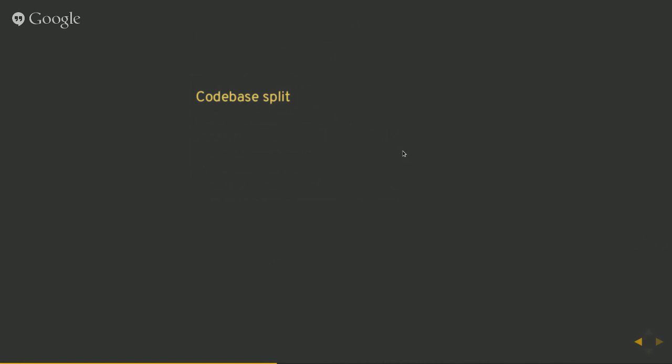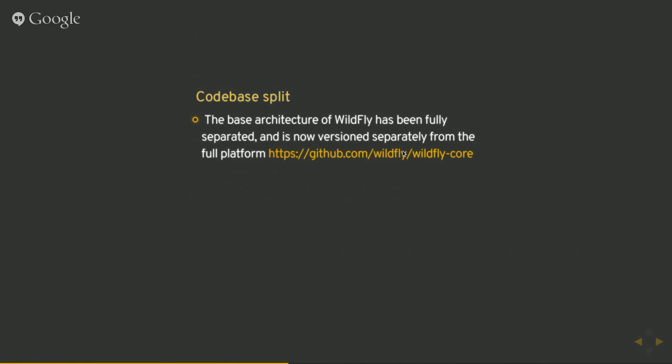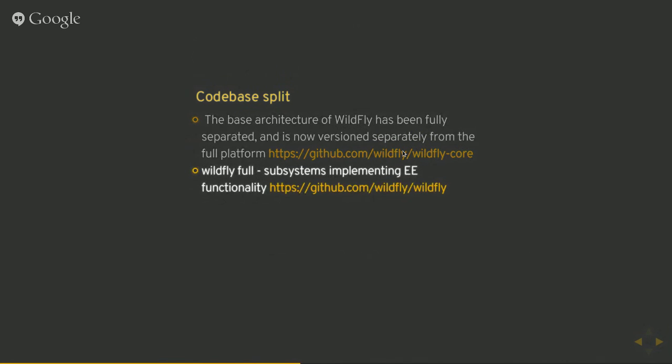Another thing that I would like to talk about is codebase split. We have split the code base so that base architecture of Wildfly, the Wildfly runtime, is versioned separately from the full platform. The subsystems that can be added on top of Wildfly runtime are located in Wildfly repository, and the core is moved to Wildfly-core.